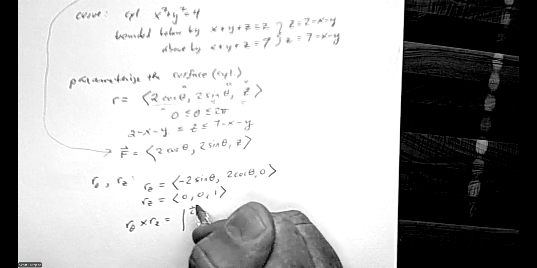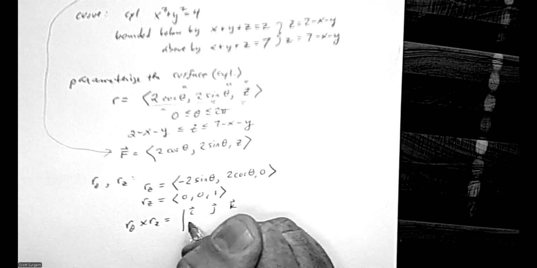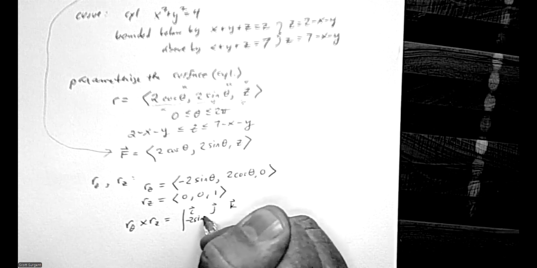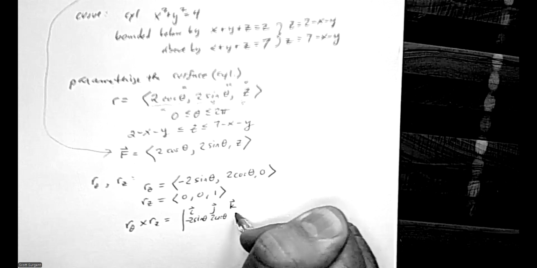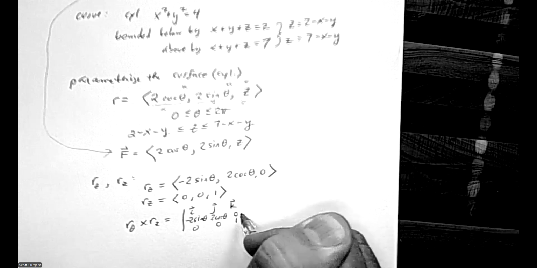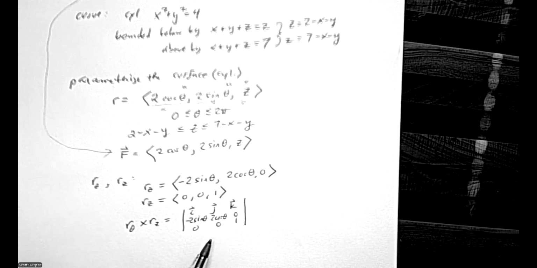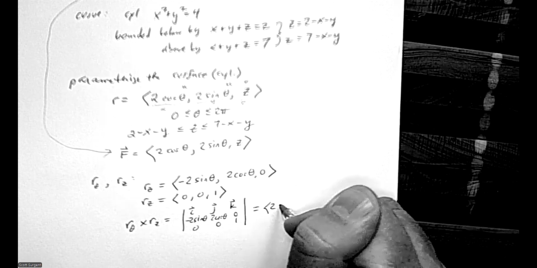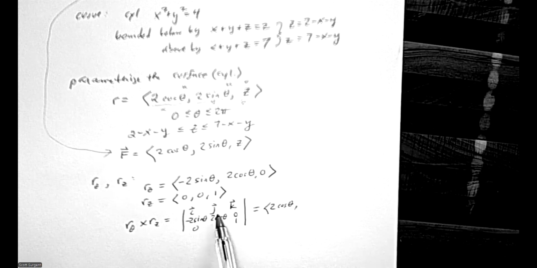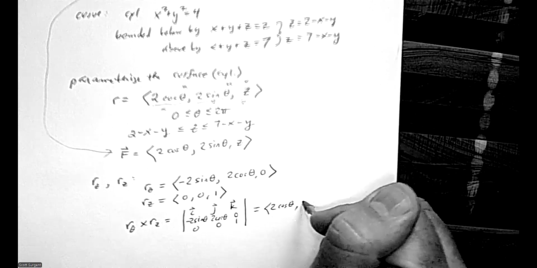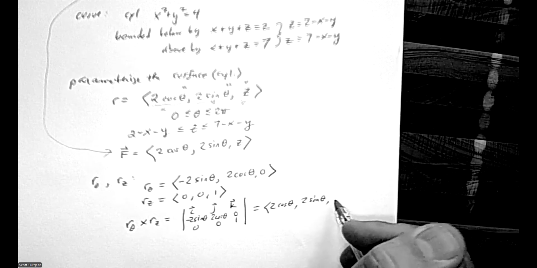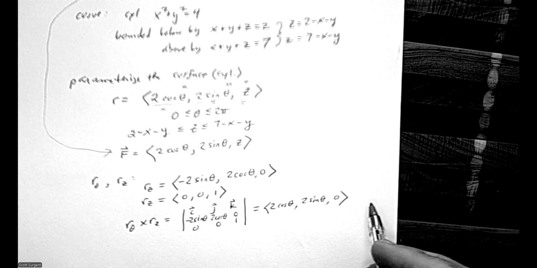It's not too bad. I should give myself more room because, well, let's see, you just get 2 cos theta i, 2 sine theta j, and 0 k.